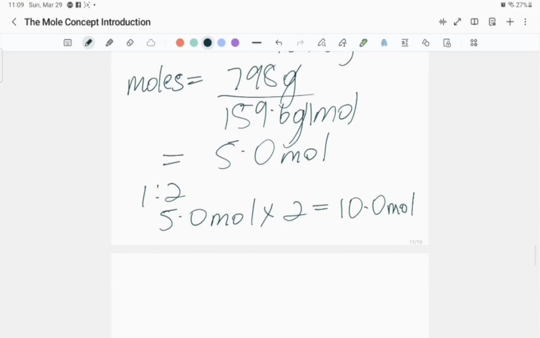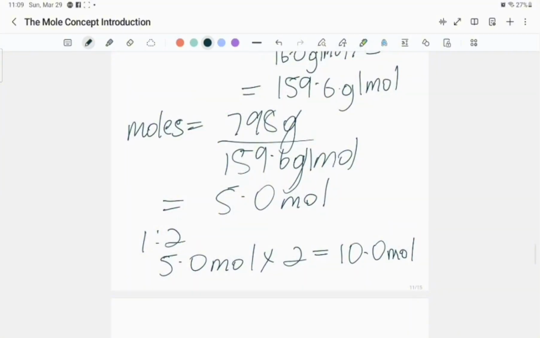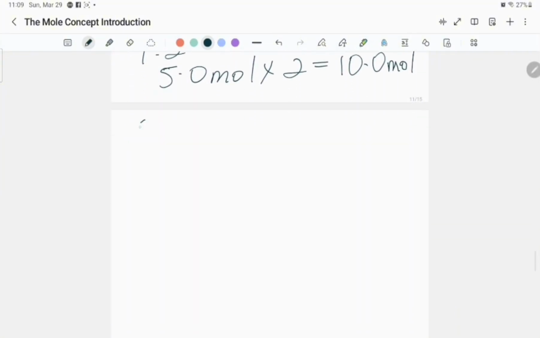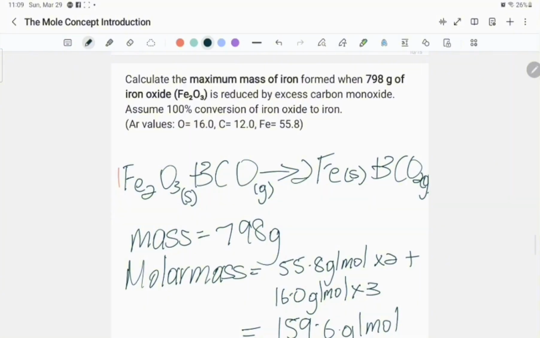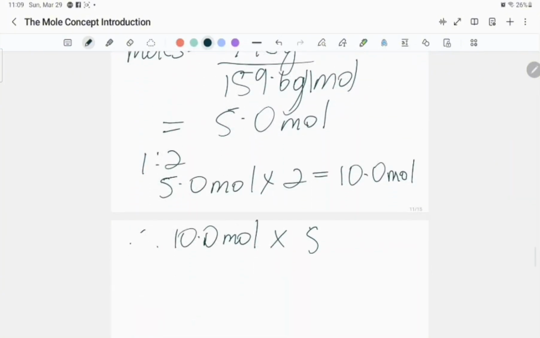So now we know how many moles of iron formed. Then we could proceed to say that, since 10 moles of iron formed, we could multiply it by the mass of iron. The mass of iron was given in the Ar values, which was 55.8 grams per mole, right?